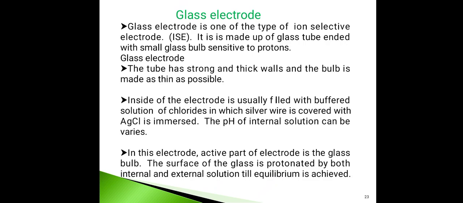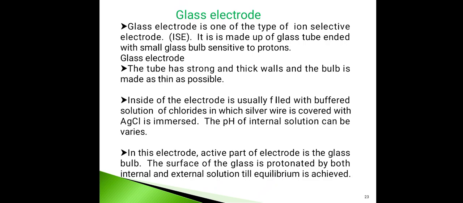It is made up of a glass tube ended with a small glass bulb sensitive to protons. This glass electrode has a tube with strong and thick walls, and the bulb is made as thin as possible. Inside, the electrode is usually filled with a buffered solution of chlorides, in which a silver wire covered with silver chloride is immersed. The pH of the internal solution can be varied.